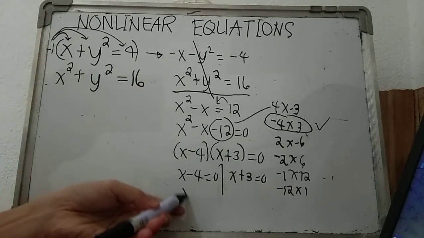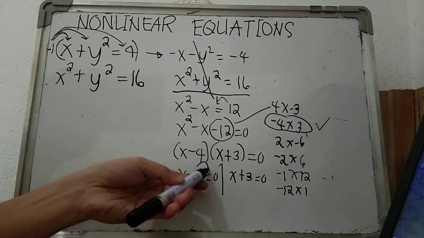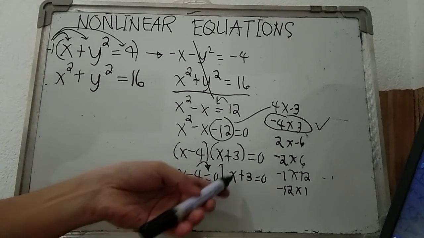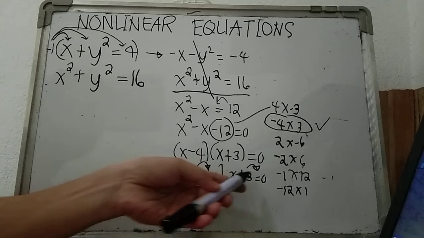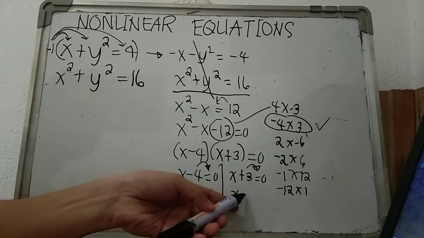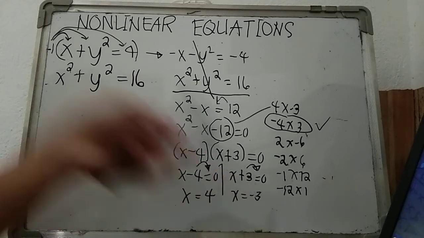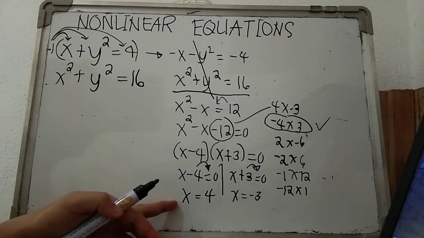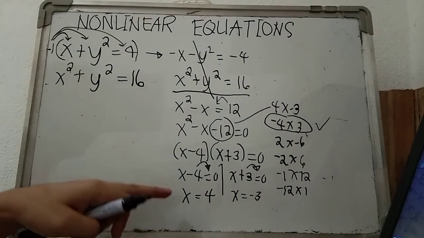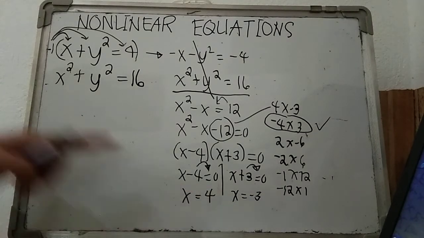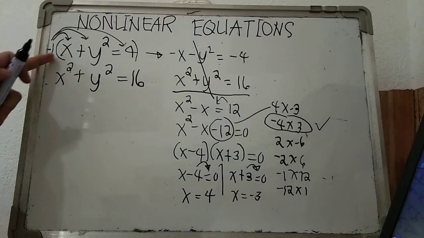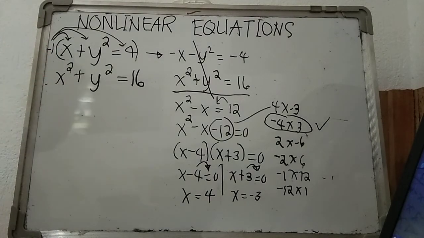Now we are going to solve for x, so we have to transpose -4 to the right. So x is equal to +4. And we are going to transpose +3 to the right, so x is equal to -3. Now we are not done yet because these are just the x values. How about the y values? So we are going to substitute these values into any of the equations of the original problem to find y.